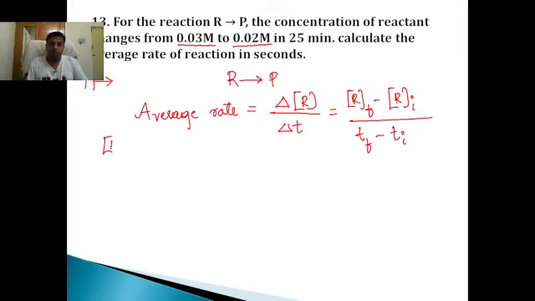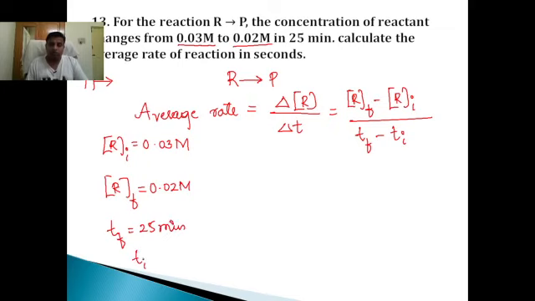That means the initial concentration is 0.03 molar, whereas the final concentration is 0.02 molar. T final is 25 minutes and T initial should be taken as 0.